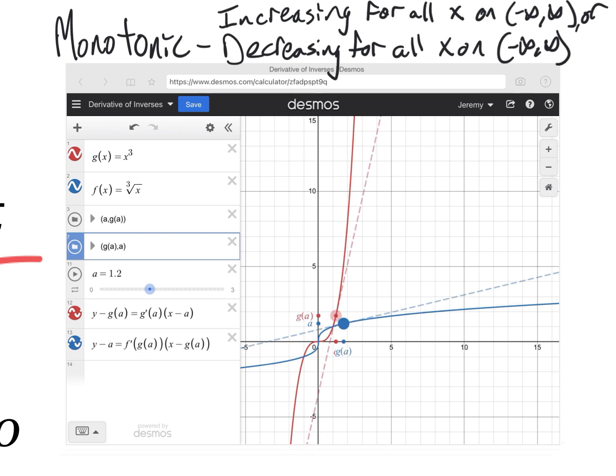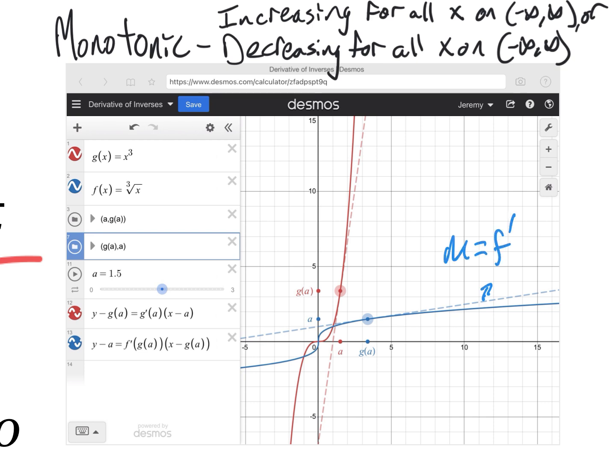And so that's useful. Now we need to get an expression for it. So let's say that we know the slope of f. The slope here of this function is f prime at g of a.